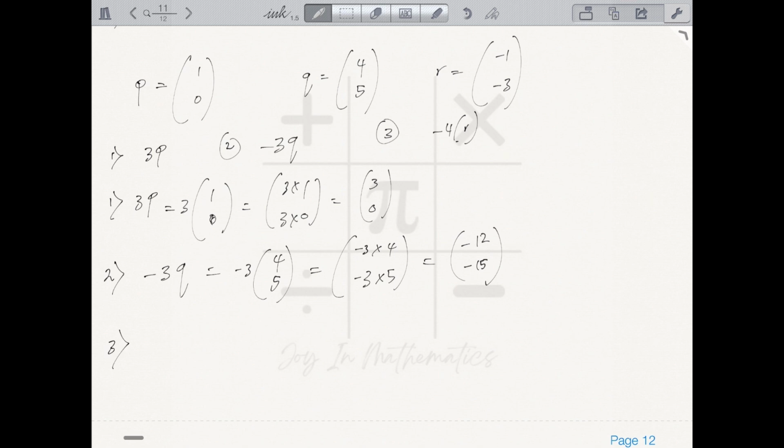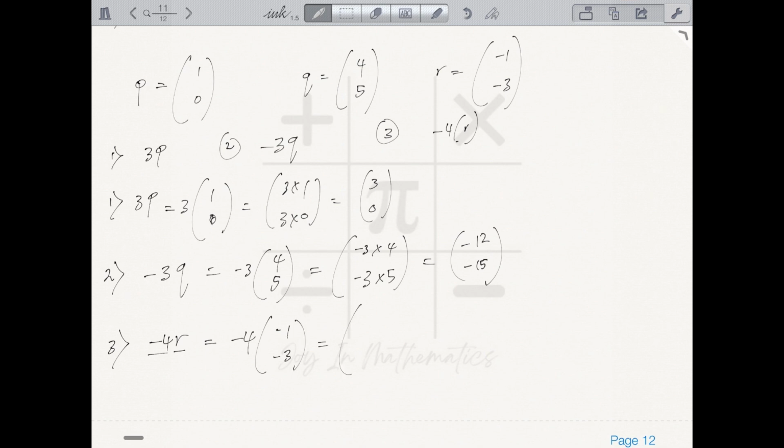Question 3 now, which says minus 4 multiplied by R. Minus 4 is the scalar, R is the vector, minus 1 minus 3.